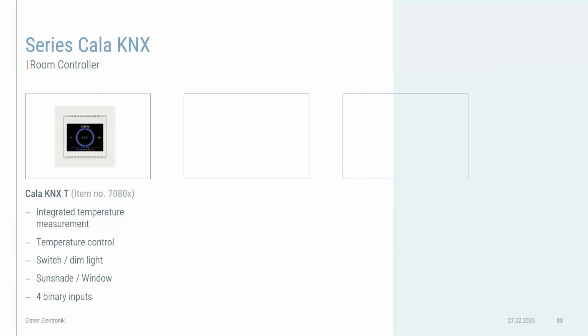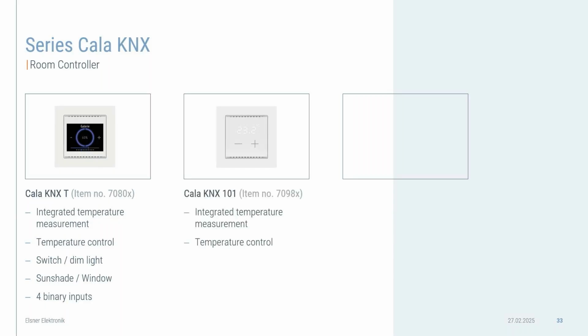We have one with a temperature sensor only, one with humidity, and a very complete one with temperature, humidity, and even CO2 measurement. The Kala series fits perfectly into the 55 by 55 system. We have the touch panels, but also the very simple thermostat with the plus and minus that works with all of the common 55 by 55 frame systems.